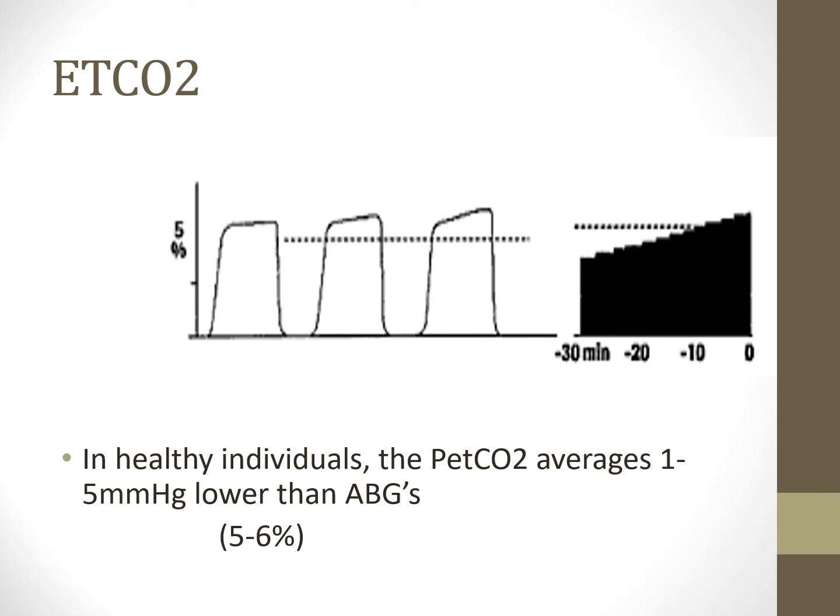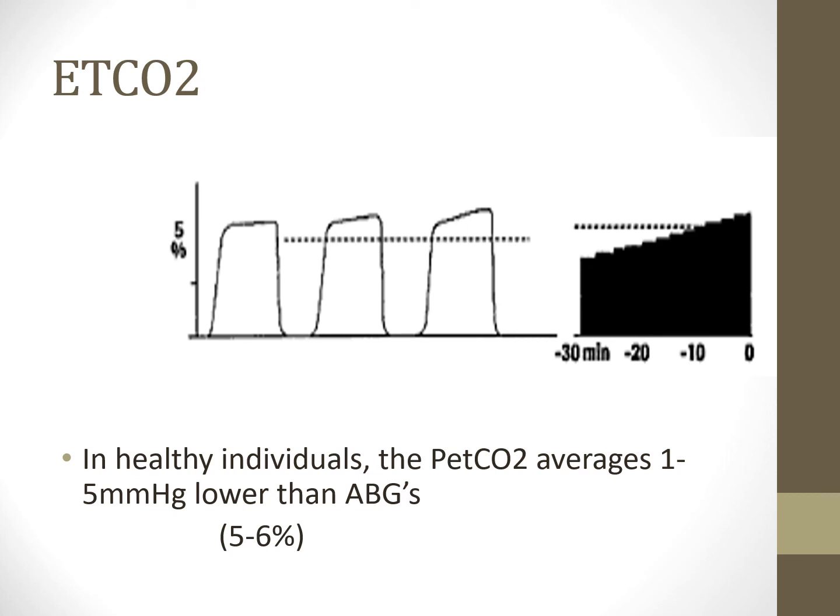All right, end-tidal CO2 waveforms. In healthy individuals, the end-tidal CO2 averages about 1 to 5 millimeters of mercury lower than the ABG. That's assuming there's no dead space issue. So if you were to draw a blood gas and the PaCO2 on the ABG was, let's say, 40 millimeters of mercury, and the patient's on end-tidal CO2, it should be about 35 to 40 on the end-tidal CO2.